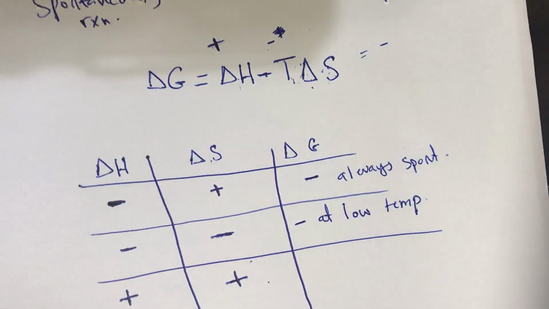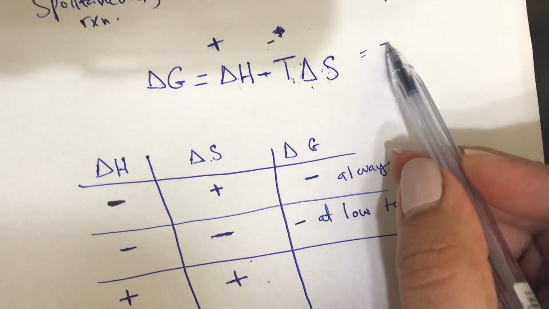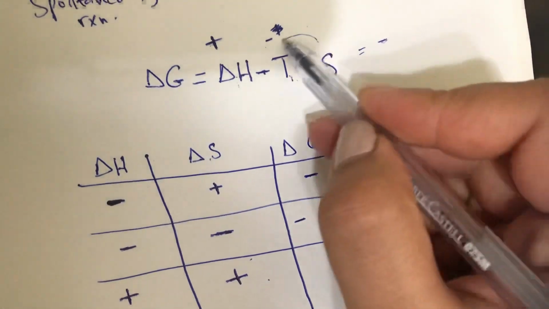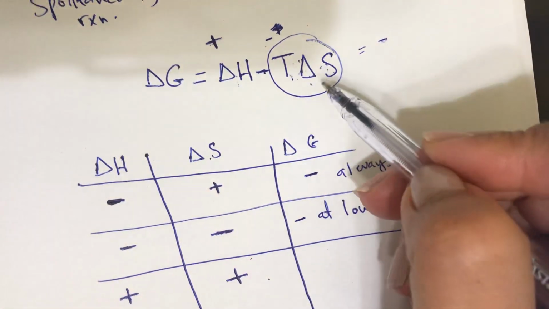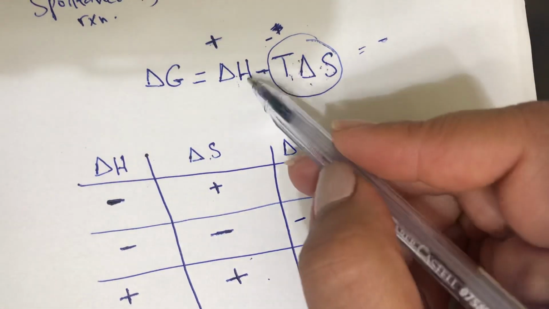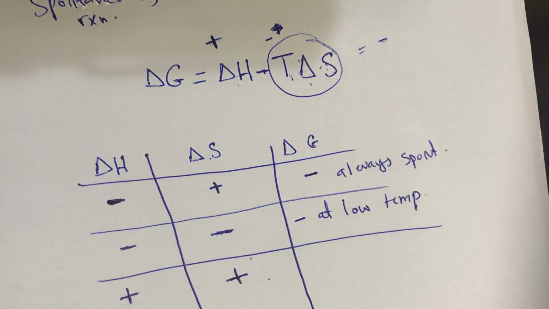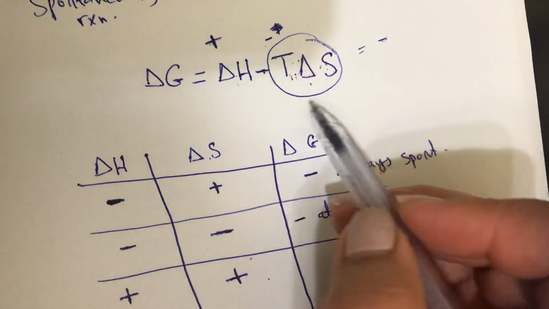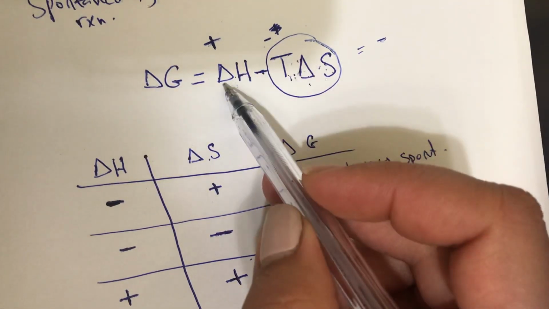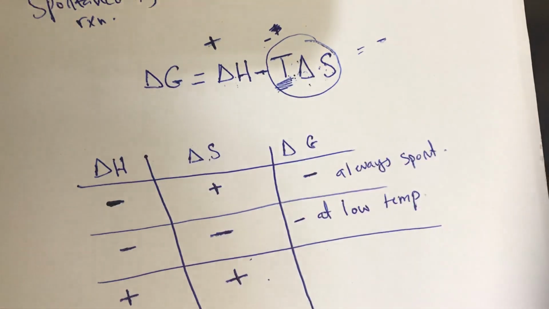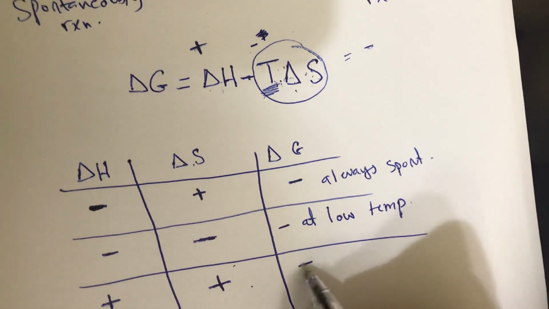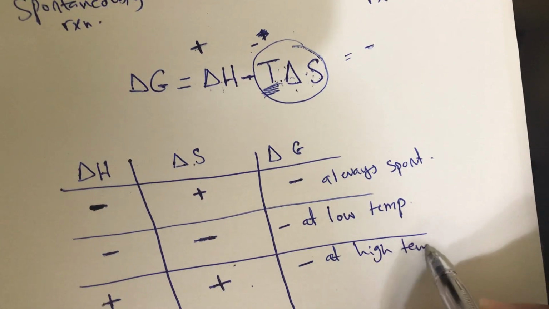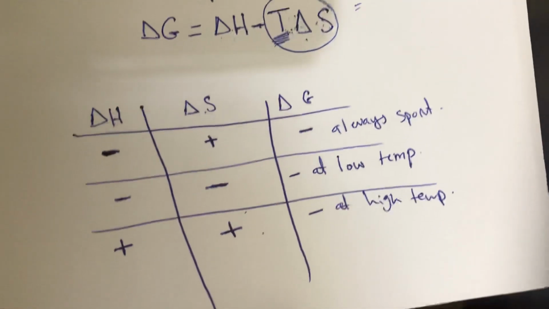So in which case will the answer be negative? When the temperature times delta S is greater than delta H. So in which case will this be greater than delta H? When you have high temperatures. So it's negative at high temperatures.